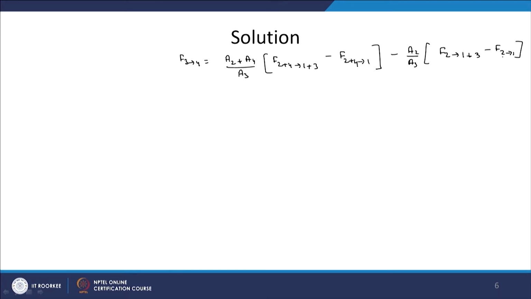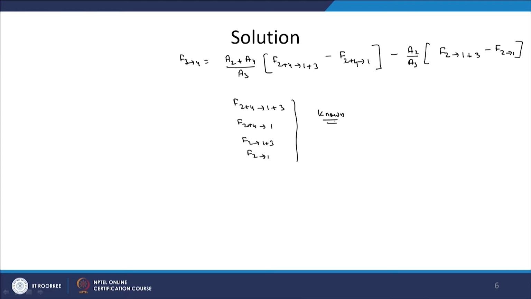So, we now have knowns F 2 plus 4 to 1 plus 3, F 2 plus 4 to 1, F 2 to 1 plus 3 and F 2 to 1. So, all these quantities as we started with are known.